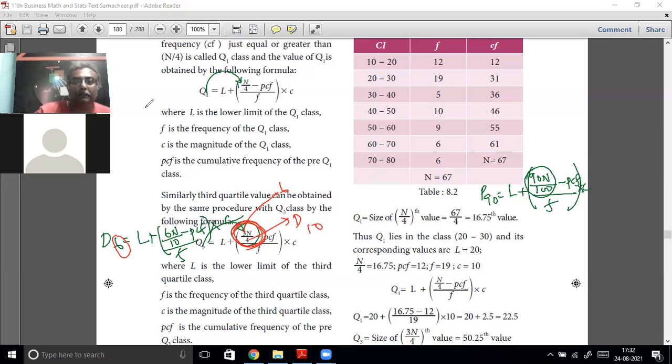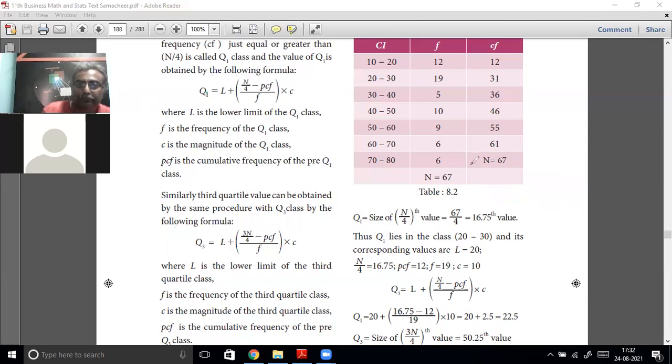What is the formula? The generic form of the formula is P90 is equal to first L, the lowest value. Lowest in that class is 60. L plus 90 into n, because it is percentile, base 100.